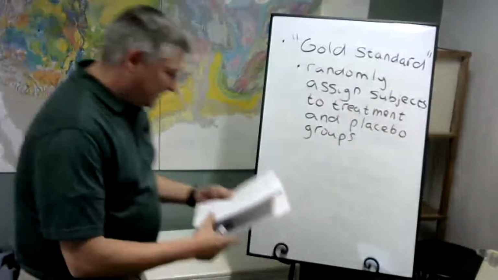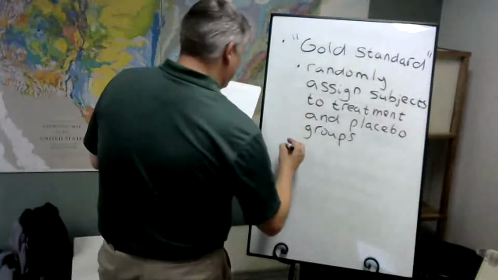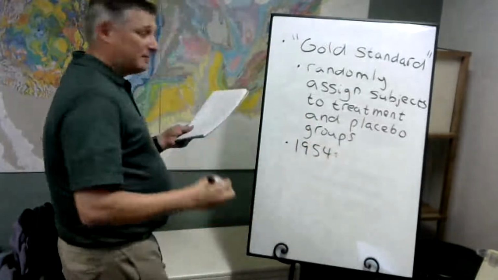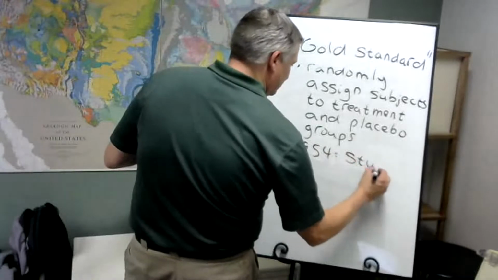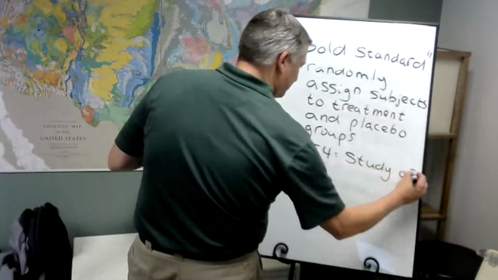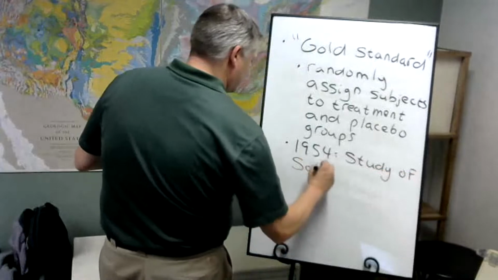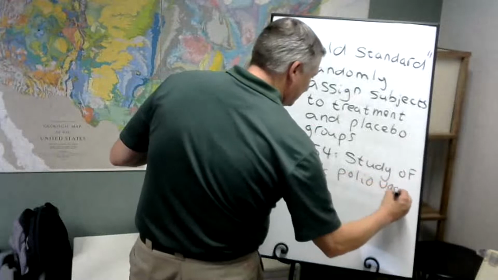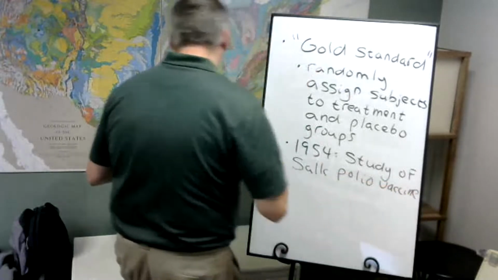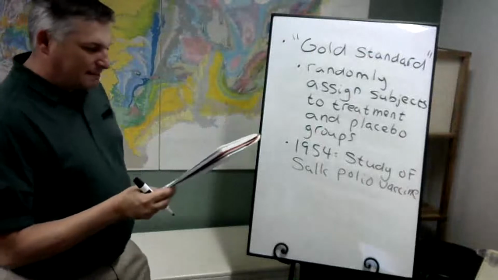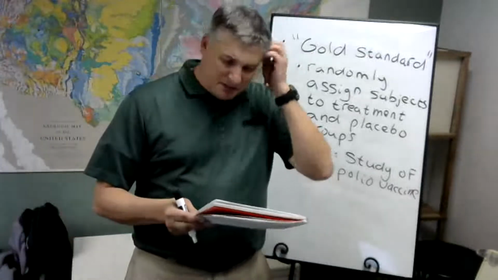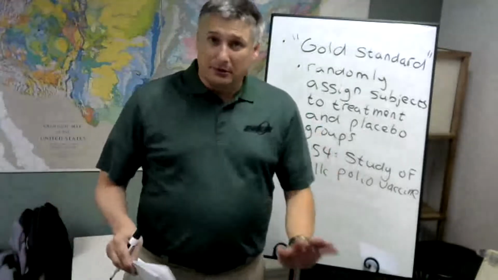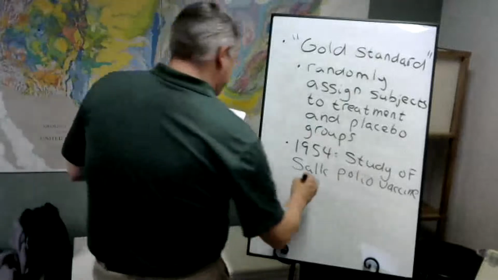So what they did here, let's go into this study a little bit. This is 1954, and we're studying the Salk polio vaccine. The groups aren't the same size, but I guess for this study that was good enough.